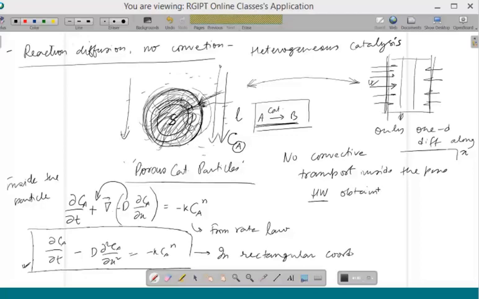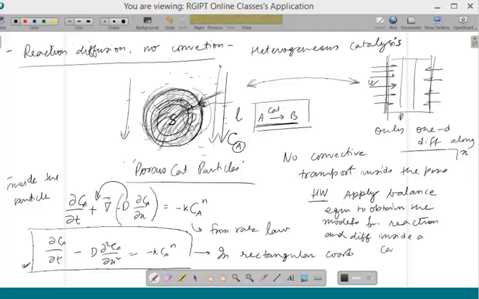Apply the balance equation to obtain the model for reaction and diffusion inside a spherical catalyst.